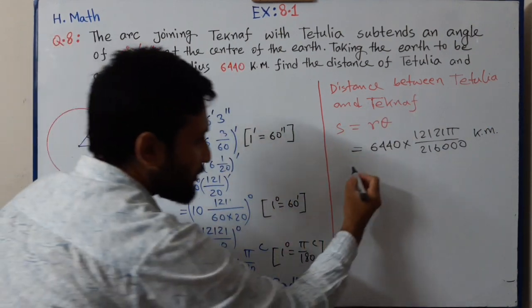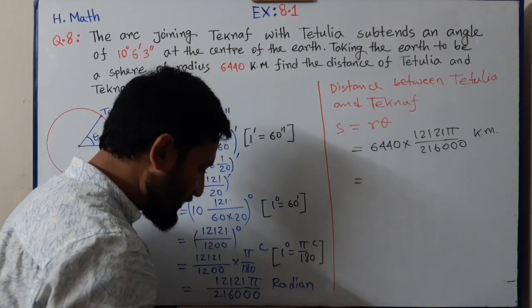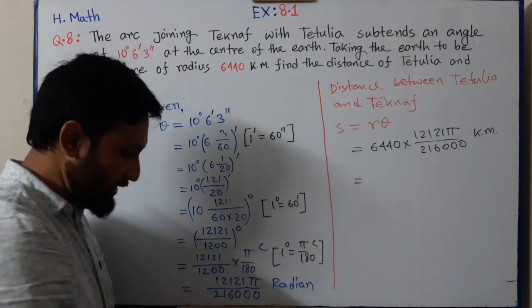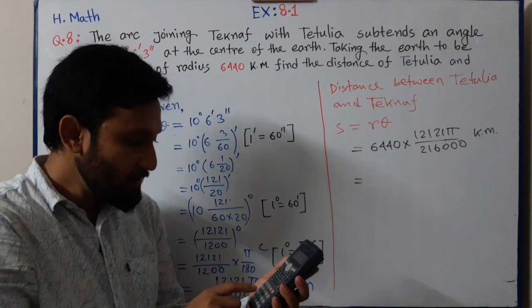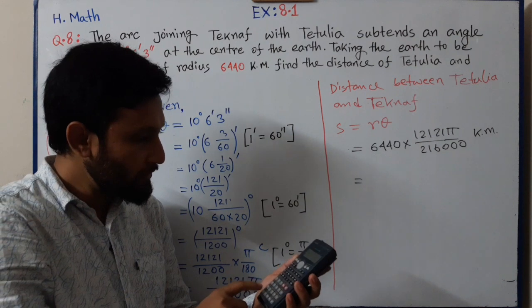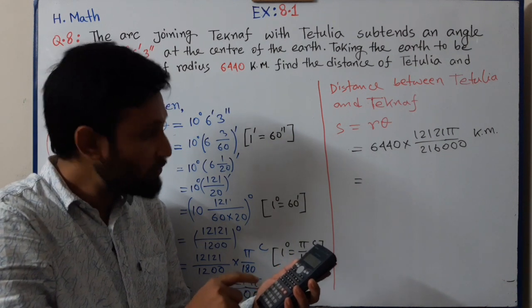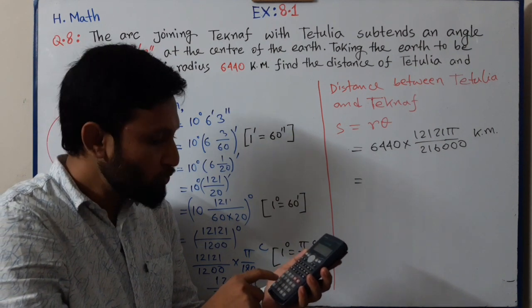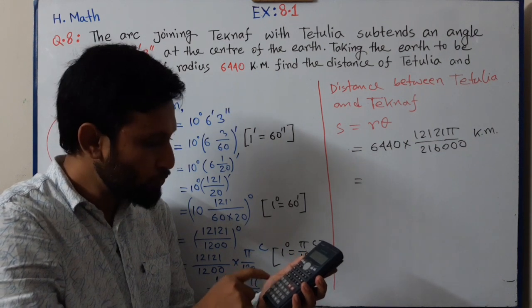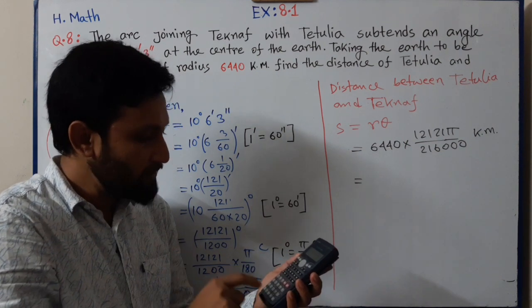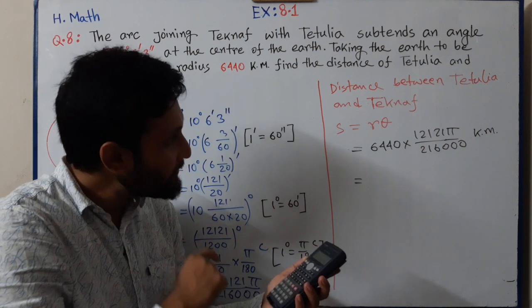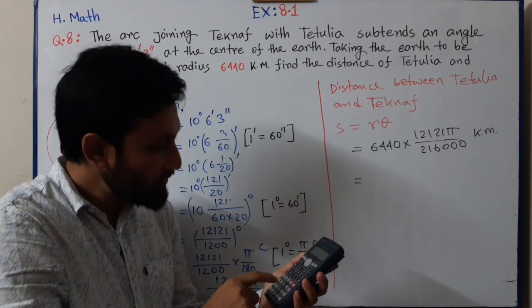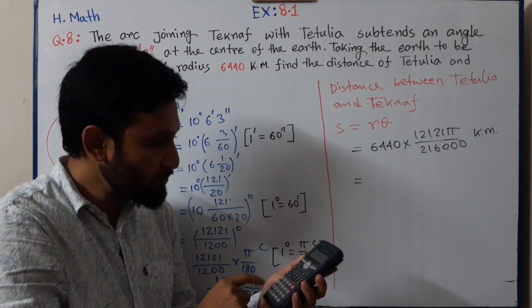So now by using the calculator we can find the value easily. 6440 into 12121 pi, divided by 216000.